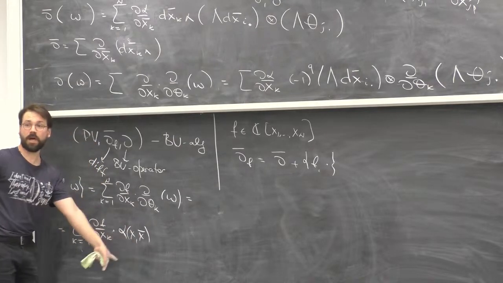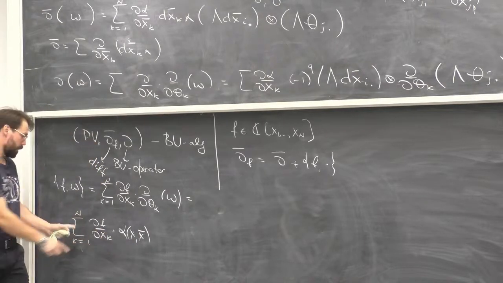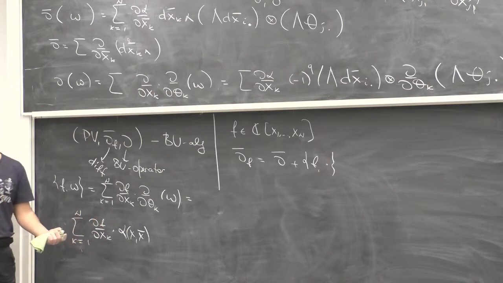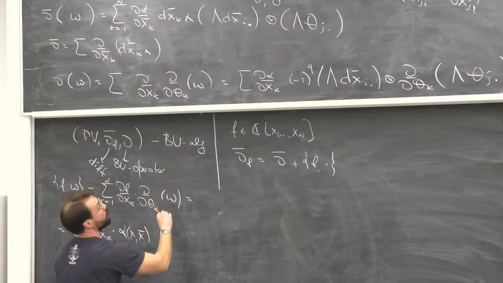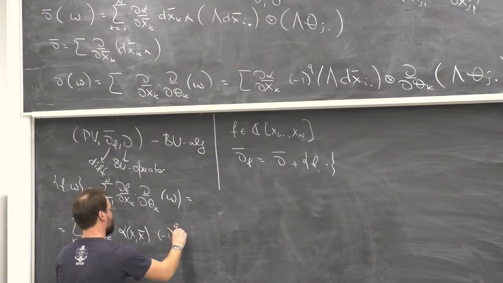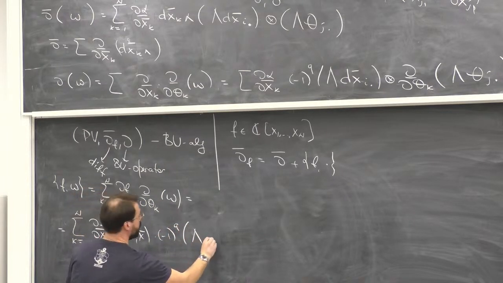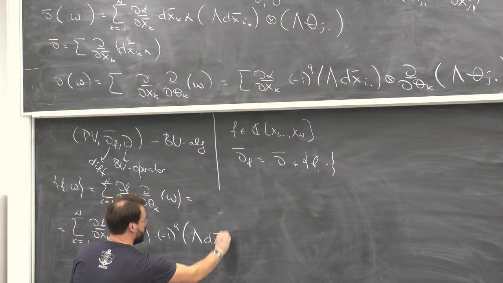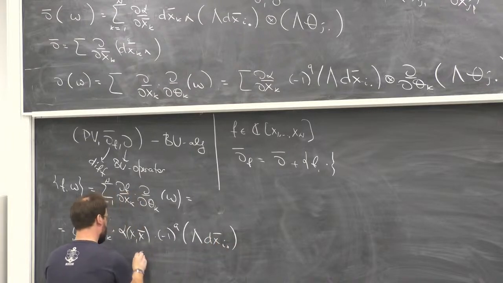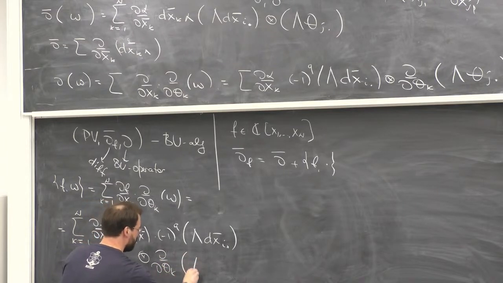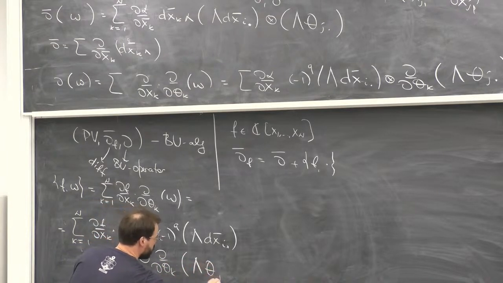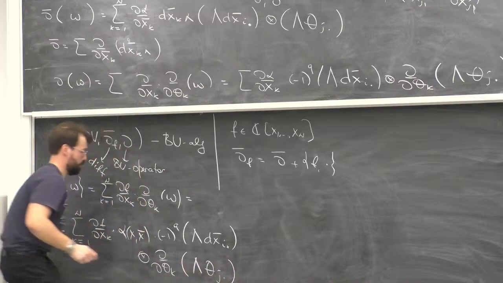So alpha x bar is not touched. You just multiply it by the derivative of f. So then minus 1 to the power q, delta of dx bar times d by dtk applied to delta of tj.